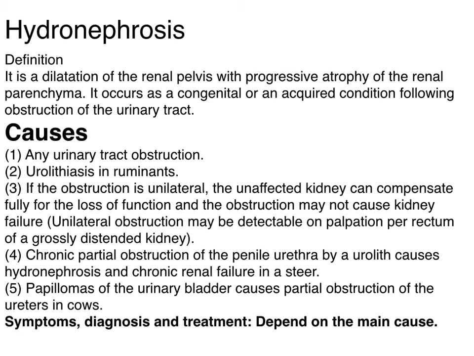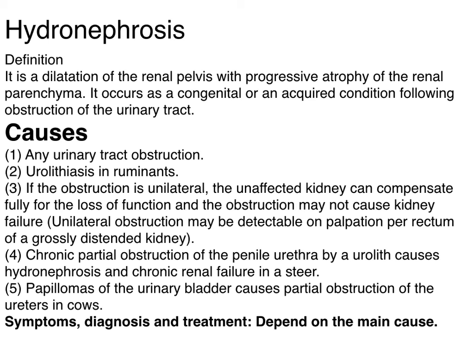It is caused by any urinary tract obstruction, urethritis in ruminants, meaning the presence of stones. If the obstruction is unilateral, the unaffected kidney can compensate for the diseased kidney.